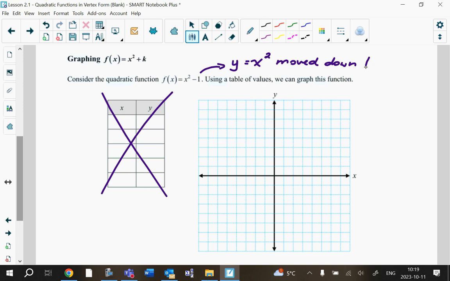And you remember what I just said about how to graph them? From the vertex, go 1 across, 1 up, 2 across, 4 up. It's so much quicker than a table of values. And there it is.